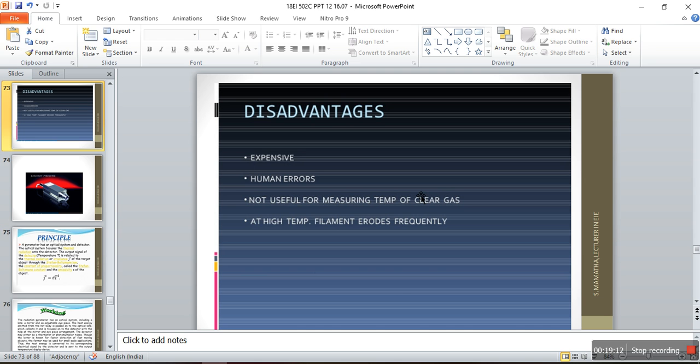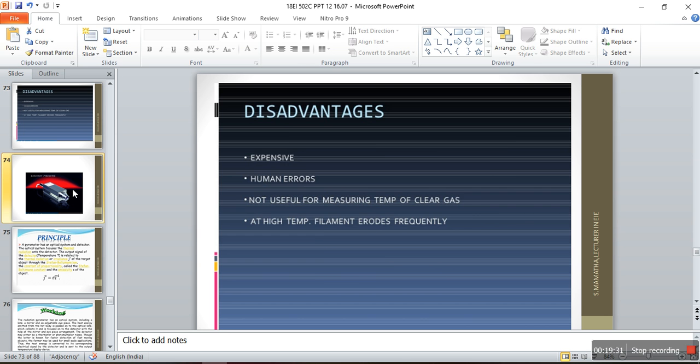Because we are watching the brightness of the filament, we require the human eye. That's why human errors may occur in the optical pyrometer.